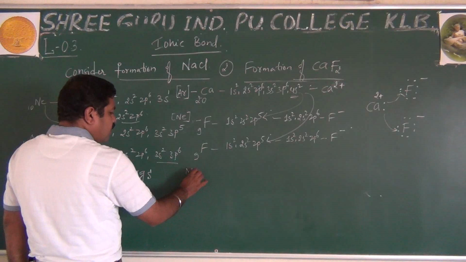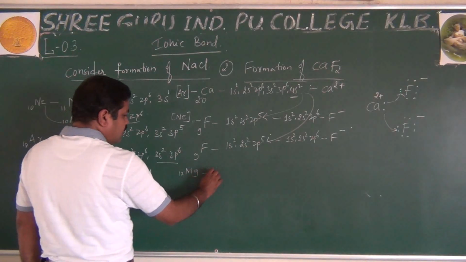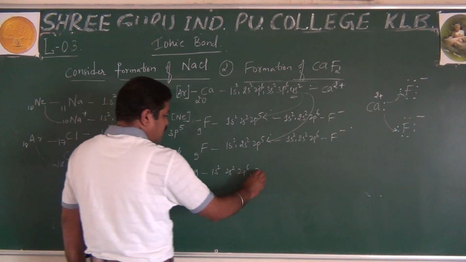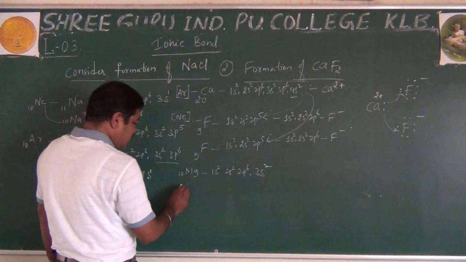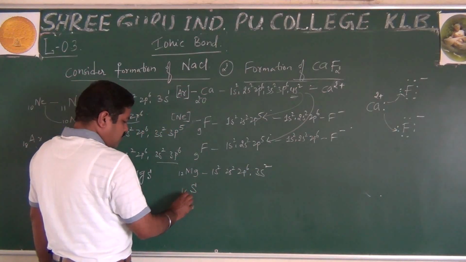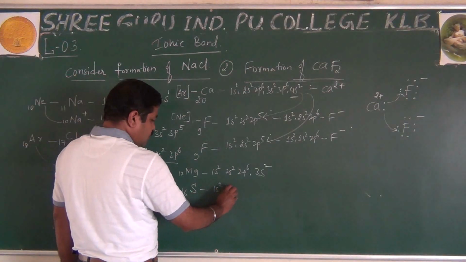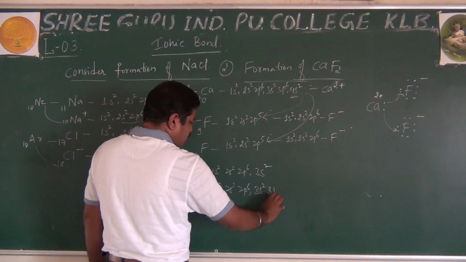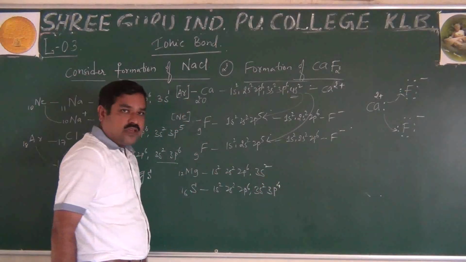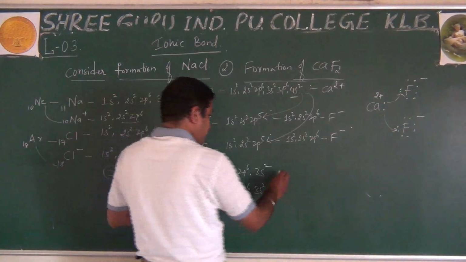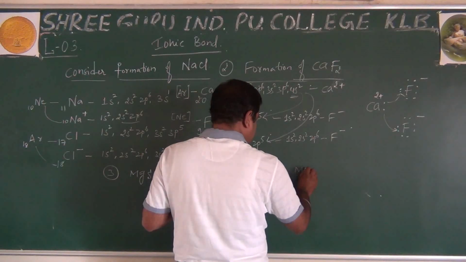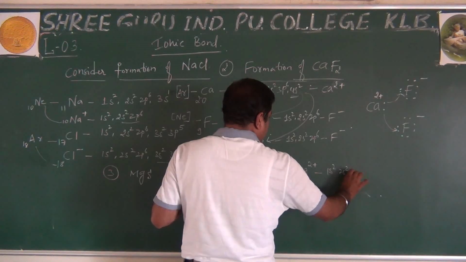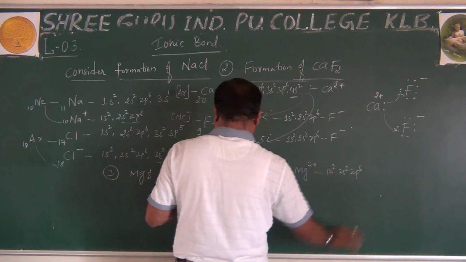See, magnesium atomic number 12: 1s2, 2s2, 2p6, 3s2. Whereas sulfur atomic number 16: 1s2, 2s2, 2p6, 3s2, 3p4. After losing, magnesium will acquire Mg2+, that means 1s2, 2s2, 2p6.